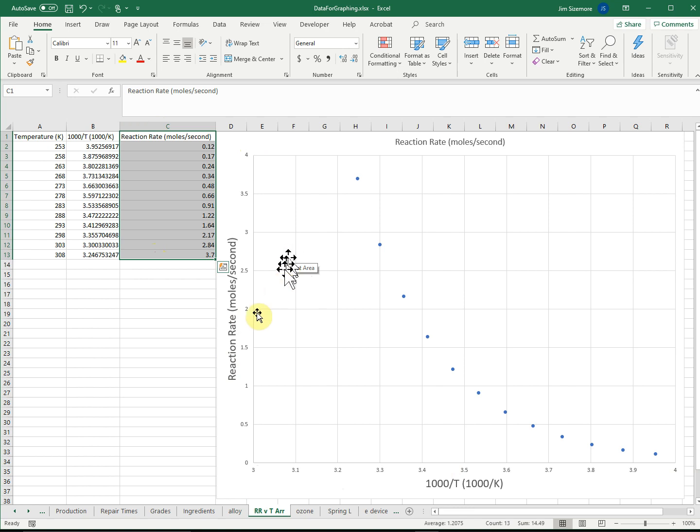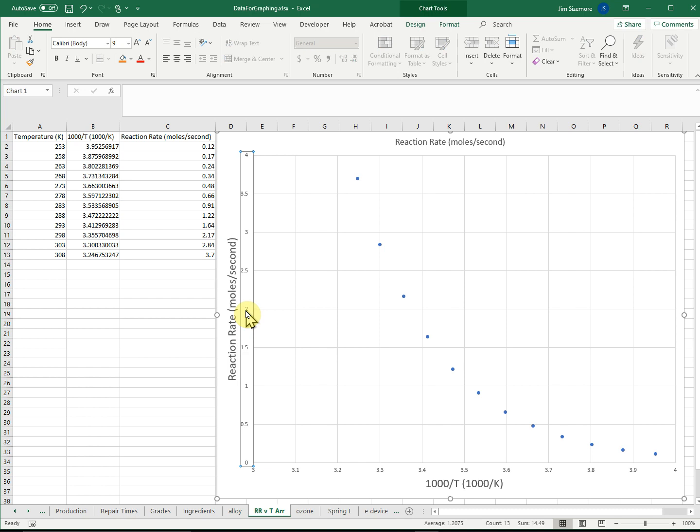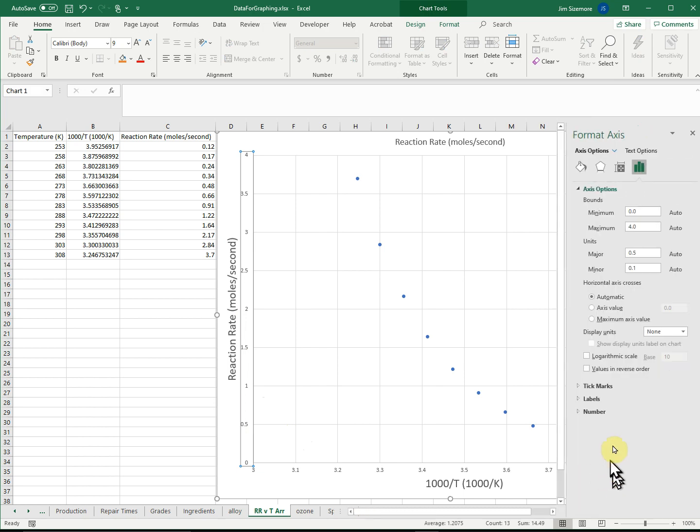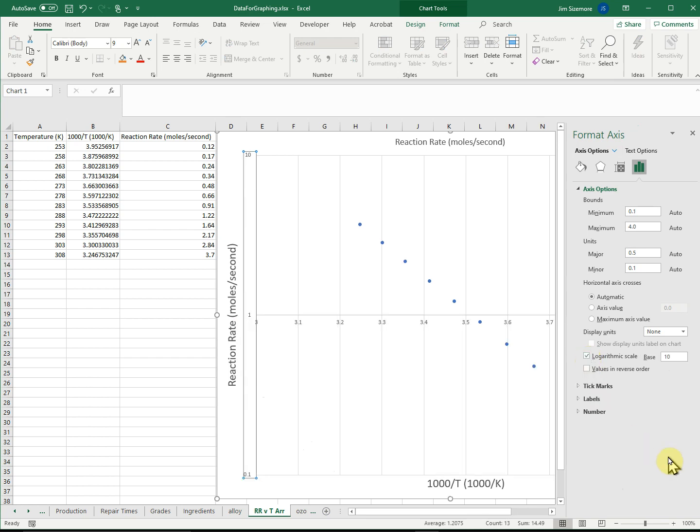In fact, we know if we change this over here, for example, to a logarithmic scale, that it ought to appear to be a straight line. This is what's called transforming the data, linearizing the data. We're finding a model where we can use our linear regression to fit. Wow, it is a nice linear fit.